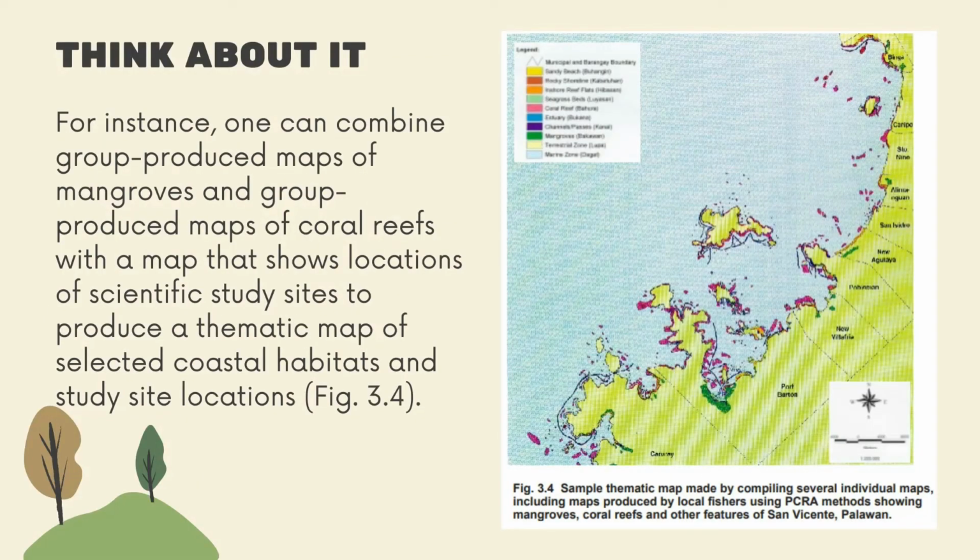For instance, one can combine group-produced maps of mangroves and group-produced maps of corals with a map that shows locations of scientific study sites to produce a thematic map of selected coastal habitats and study site locations.